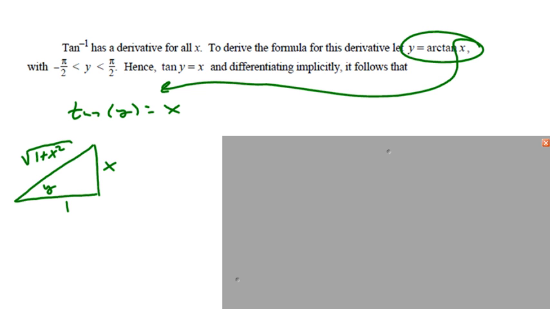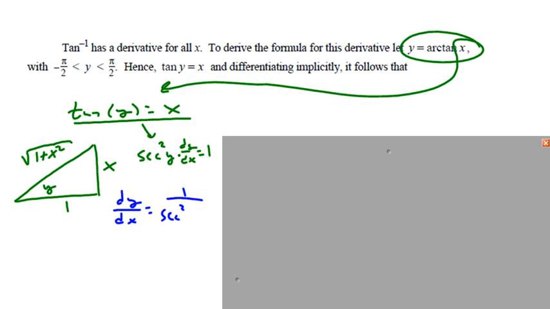So if we take the derivative of this, we get secant squared of y times dy dx equals 1. Solving, dy dx equals 1 over secant squared of y, which equals cosine squared of y. That's what dy dx is.